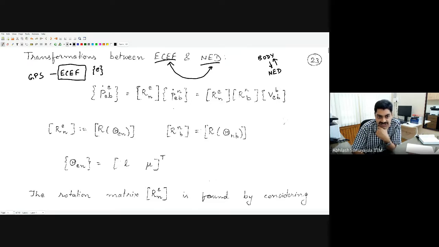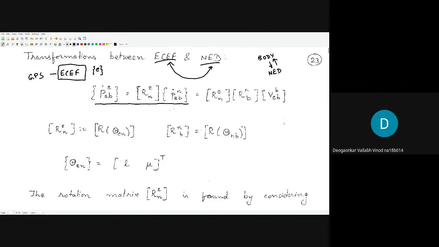That position vector's derivative is nothing but some rotation matrix R^E_N, converting things from the N frame to the E frame, times the velocity of the body with respect to the N frame. Is this making sense?